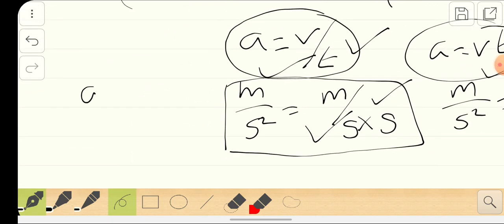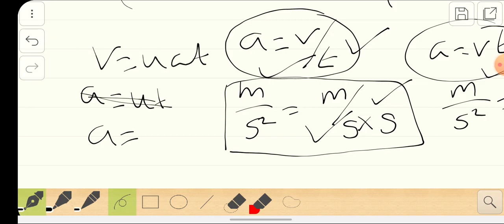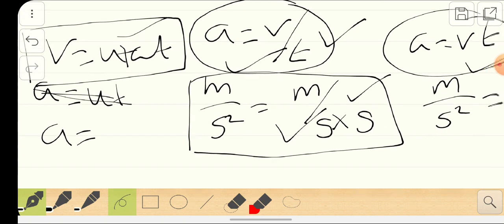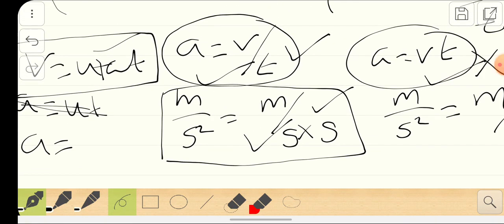In the real case, you can write v is equal to u plus at. You can compare that equation. This is a direct equation for velocity. We will discuss that later. So this could be a real equation, but it wouldn't be the right equation, right?